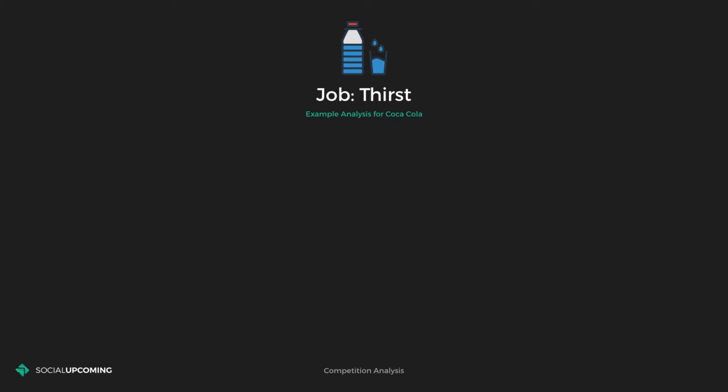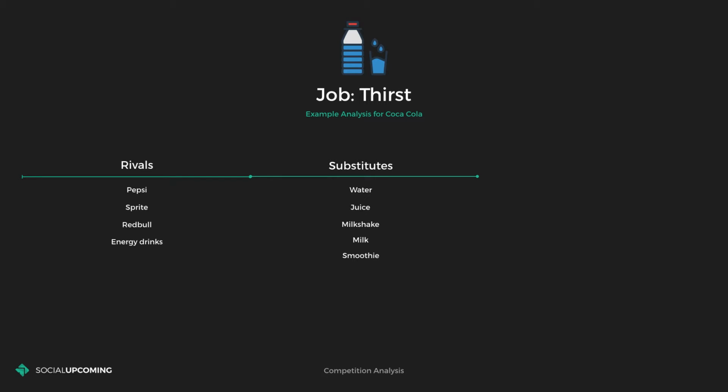So let's take an example. The job is thirst, and we're using Coca-Cola as an example, and we're analyzing the rivals, substitutes and non-substitutes for Coca-Cola. The direct rivals to Coca-Cola would be companies and drinks such as Pepsi, Sprite, Red Bull, and energy drinks in general, all because they have high sugar and are energetic, and they solve the job thirst for soft drinks.